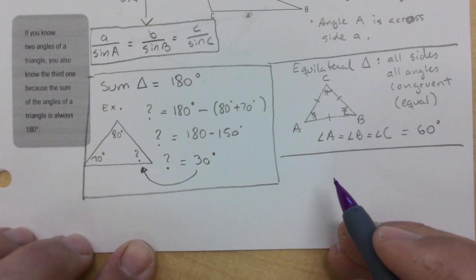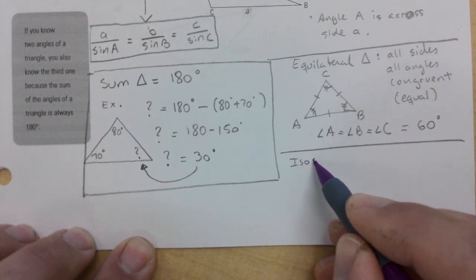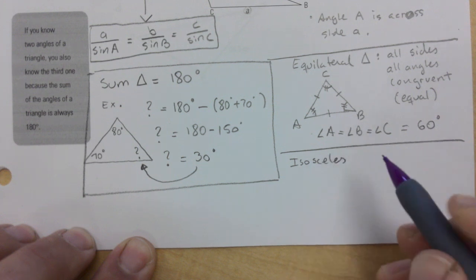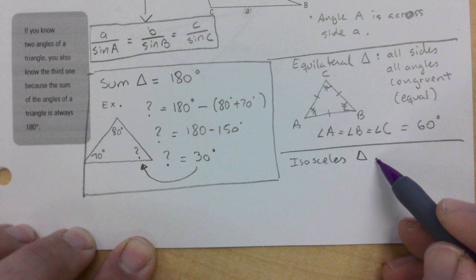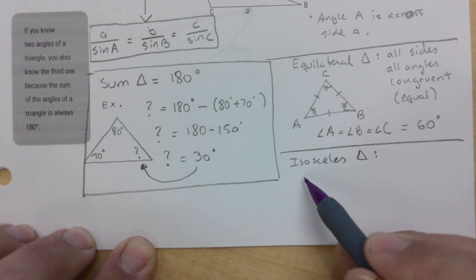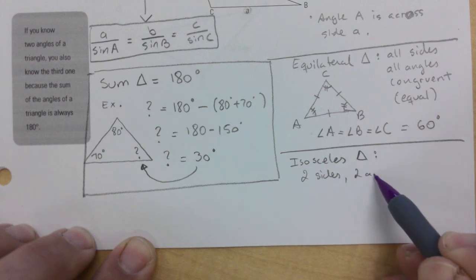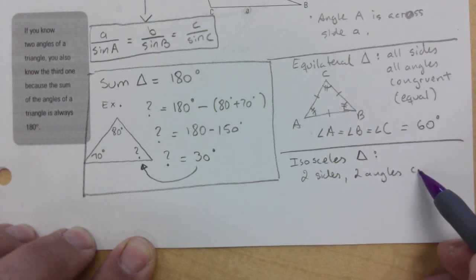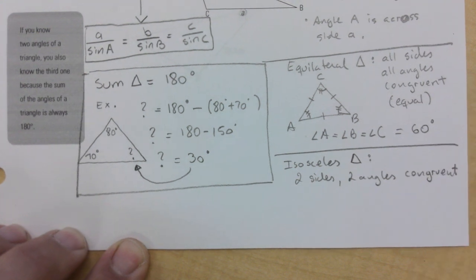And then you have an isosceles triangle. You have two sides and two angles that are congruent.